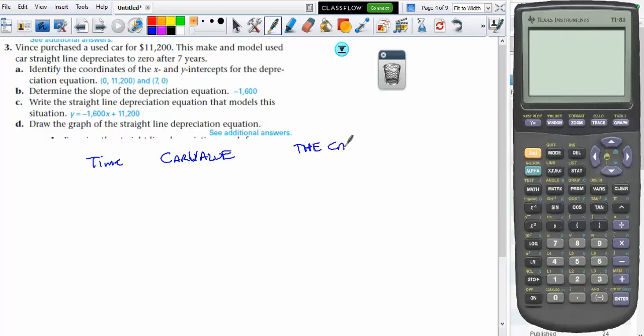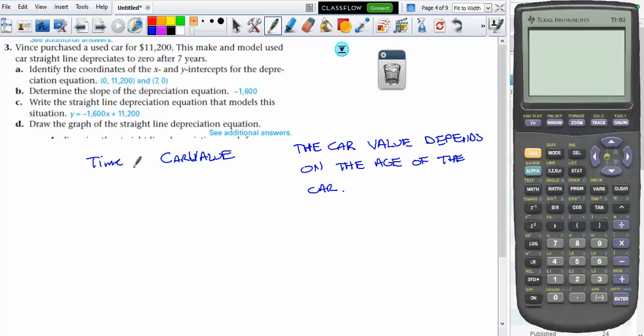The car value depends on the age of the car. The older the car gets, the less valuable it is.